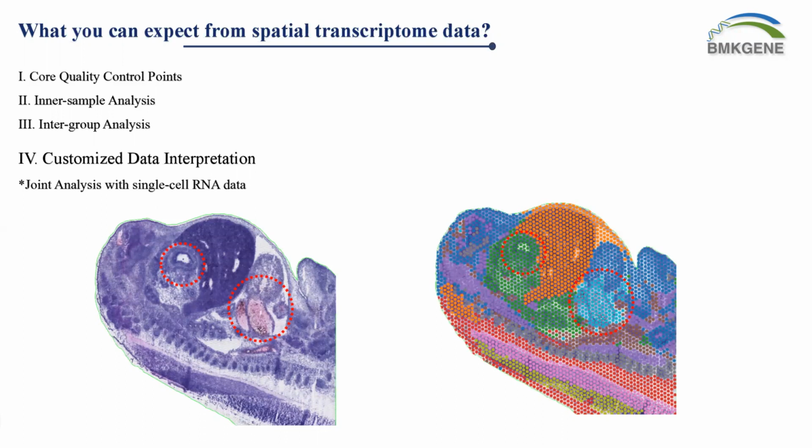For example, if by this HE image we know that there is a specifically interesting part that I want to compare with another, we can always draw a circle here, extract the expression information, and compare it with the one that we want to compare. This can all be done very flexibly, and it depends on the real research questions that you may have in the future.